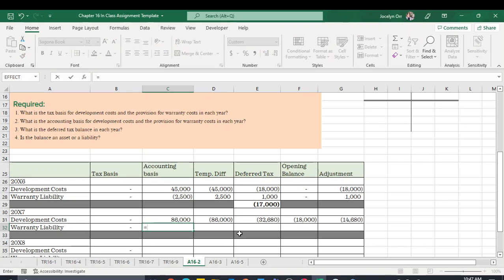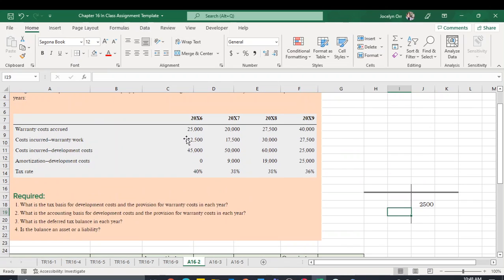Looking at my warranty liability, I'll do it with just a calculation for developmental costs and then break it down with the T account approach for warranty. So whatever approach works the best for you. So I had a previous credit balance of $2,500. We had $20,000 that was accrued.